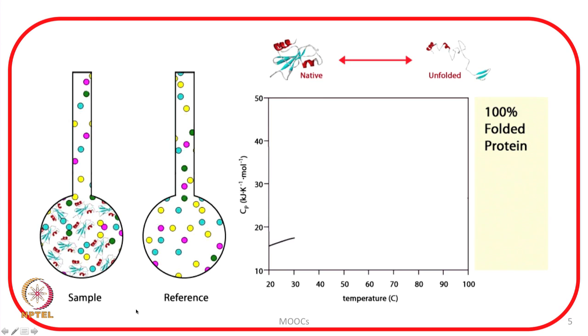So, what you do in differential scanning calorimetry is start heating. You heat both the sample and reference cell at a constant scan rate. Last time you remember we discussed that what you monitor is power, and power can be converted to heat capacity, and here you are plotting heat capacity as a function of temperature.